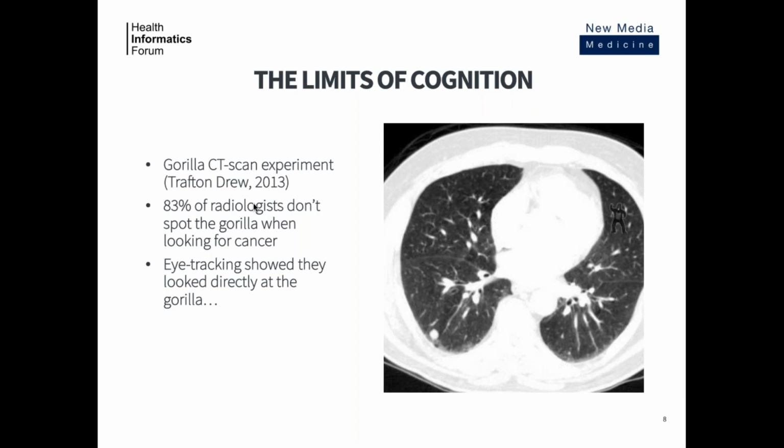This was done in 2013, and they showed a CT scan of a chest to radiologists and asked them to interpret the CT scan with regards to whether or not there was a potential lung cancer in the chest. And 83% of the radiologists, when they looked for the nodes of the lung cancer, completely missed that there was a little image of a gorilla on the film.